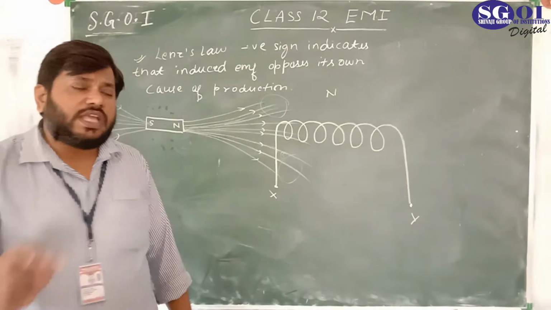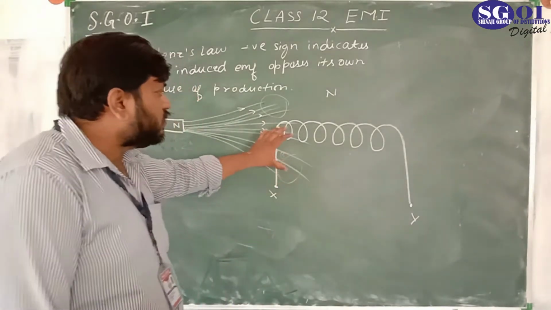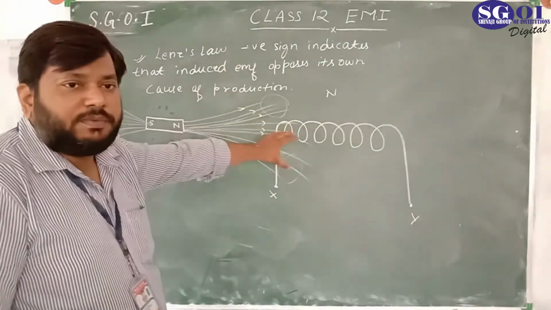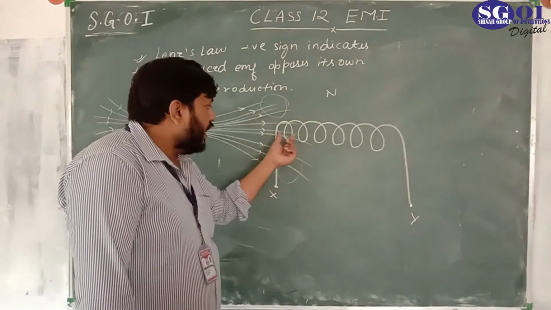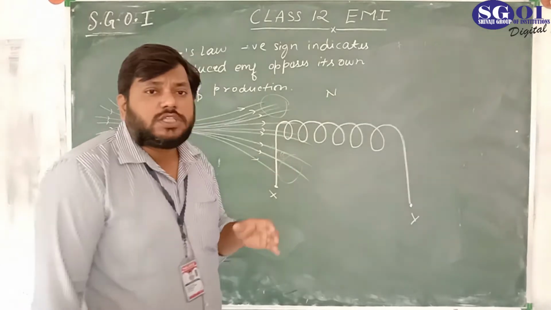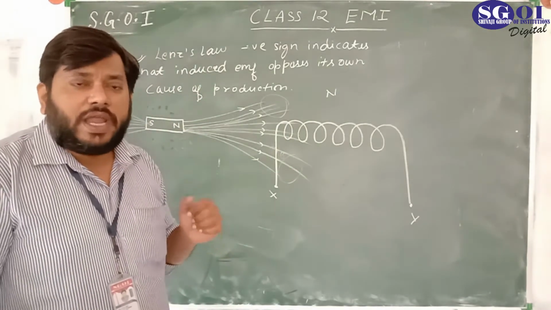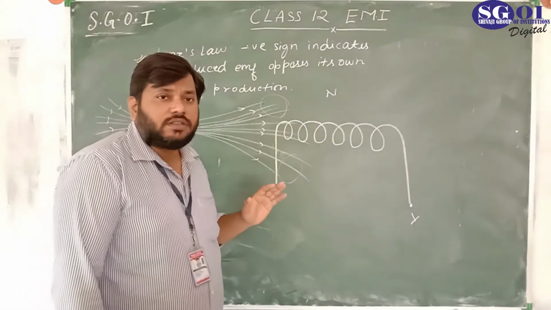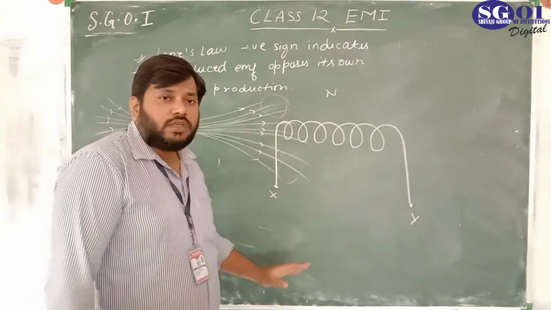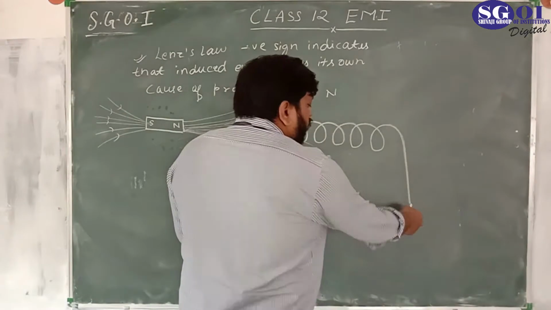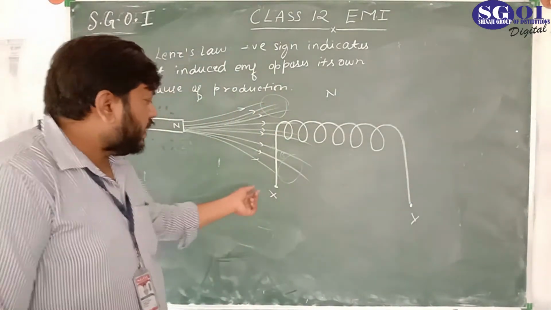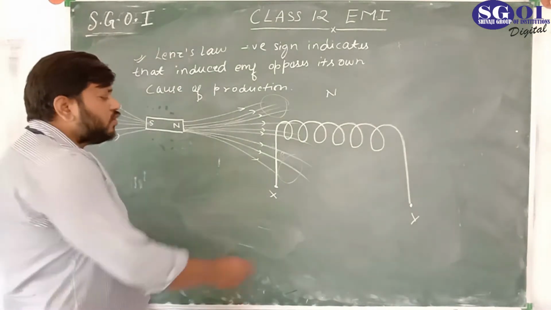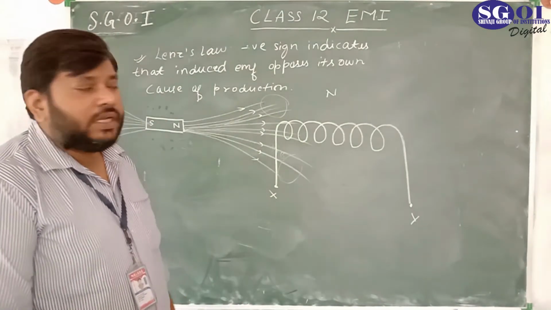So there are many key points you have to understand in this concept: the flux linked with the coil is only responsible for the induced EMF, and if there is no change in flux, there is no EMF induced just because of linking. If you join a voltmeter, there is no reading in the voltmeter, because no EMF is induced across the ends of the coil.